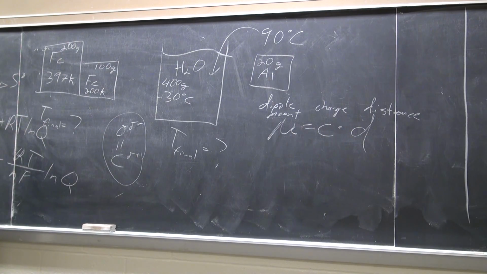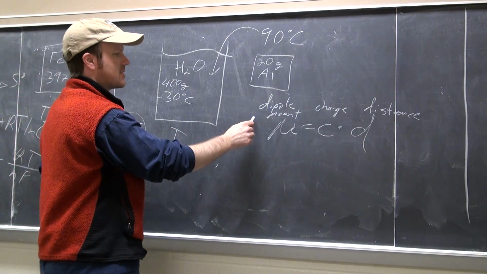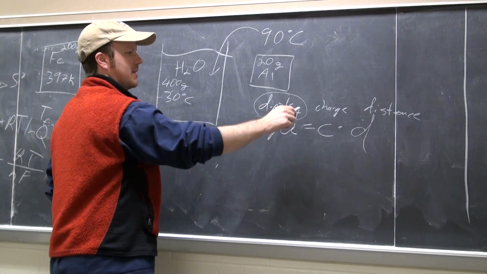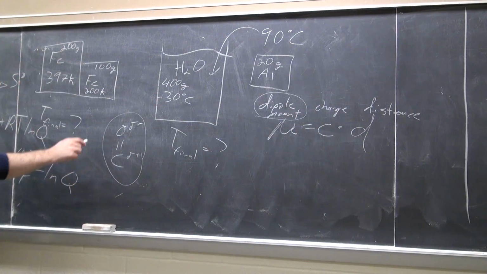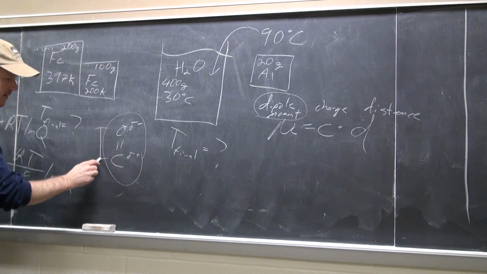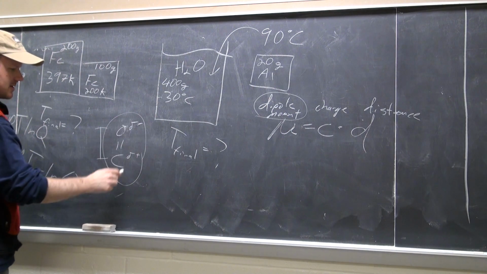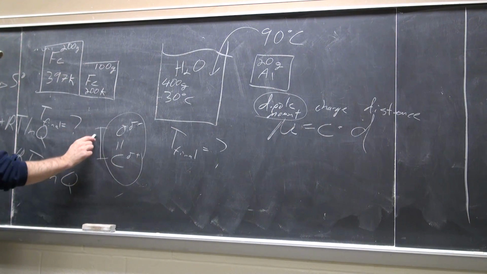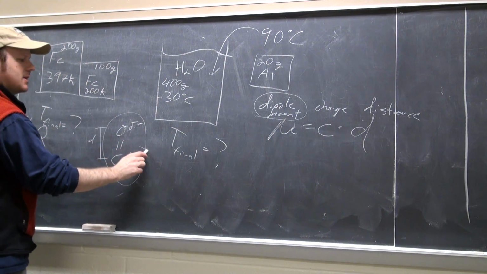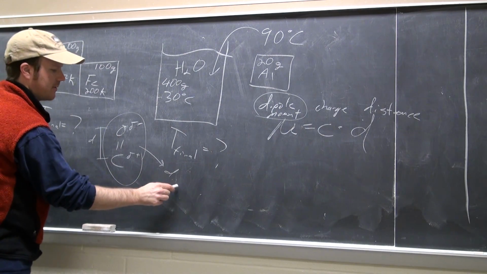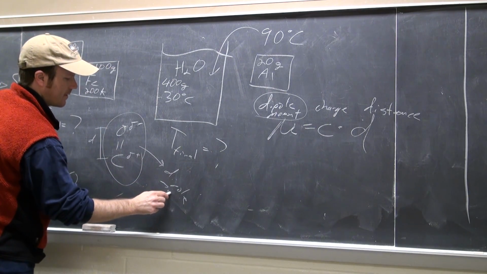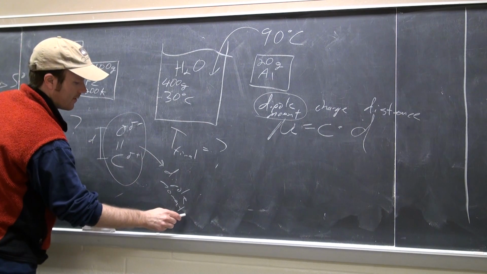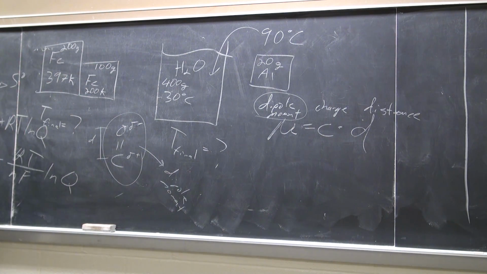You draw a picture of a dipole. The dipole moment is a quantified number of this charge times distance. So if you know what the partial charges are, and you know the distance, then you can compute the dipole moment. So a dipole moment's a number, and a dipole is just a thing. It's just this picture.